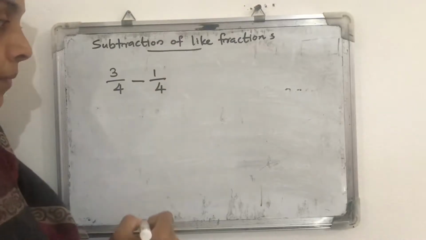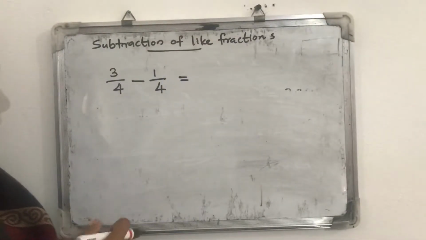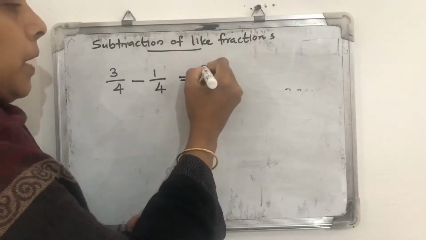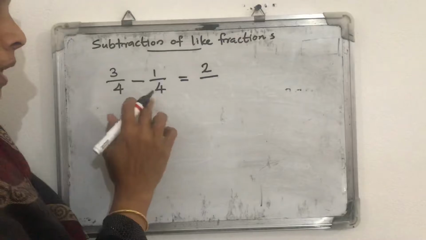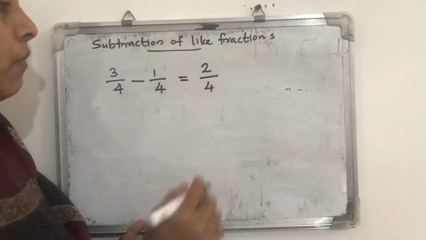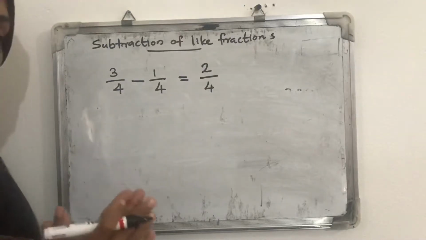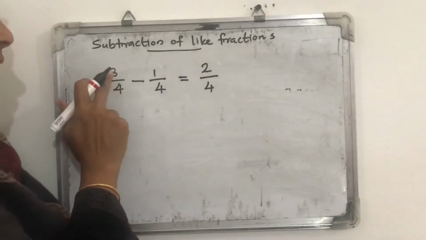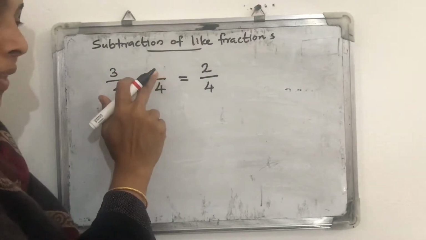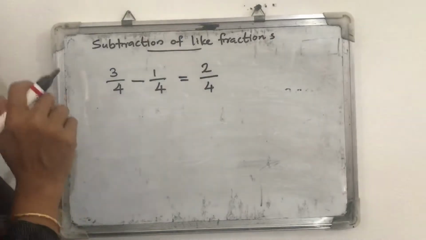How many parts are remaining now? 2 parts are remaining shaded, and the denominator will be the common denominator, 4. So just like addition, when we subtract like fractions, we only subtract the numerators, then write the denominators as the same. Very easy, just like addition.